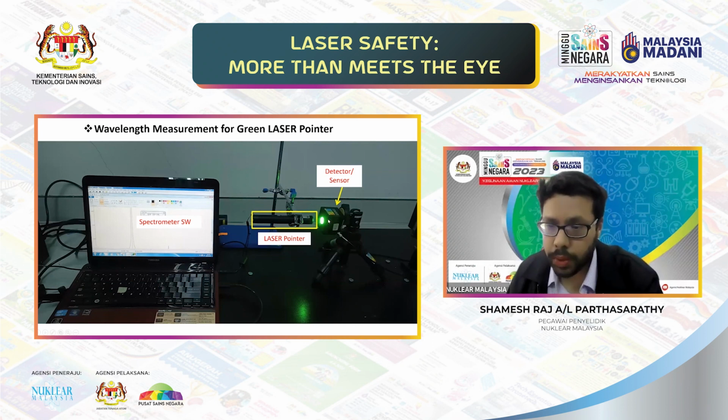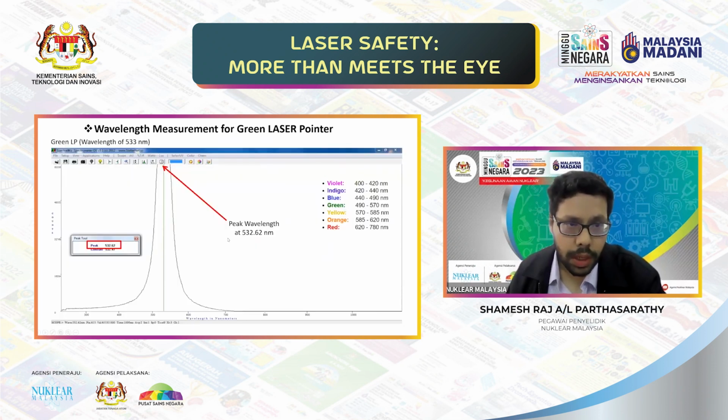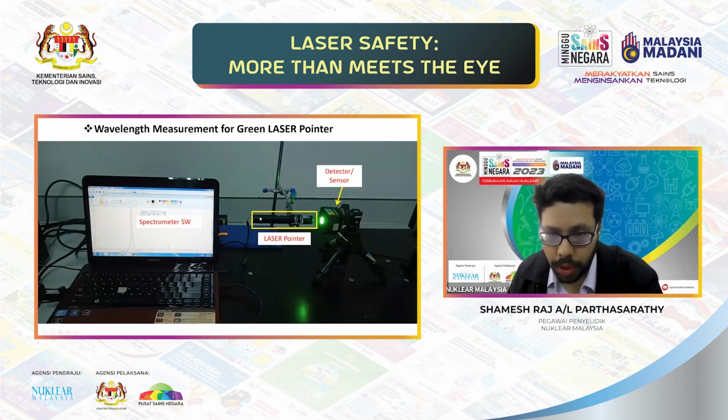The spectrometer converts the optical output into electrical output, and then the wavelength of this particular laser can be recorded. This is how it's done.